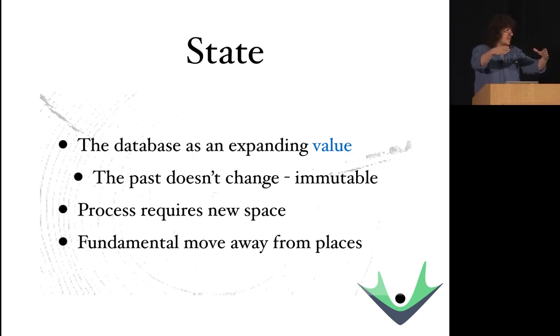No one's growing their business at 10x per year or anything like that for an indefinite amount of time. So we're going to accept that process requires new space. It's a given. It's like when I said I want persistent data structures. That requires garbage collection. You have to make that decision and say, okay, I'm going to accept that as a given, and then design a system from there.